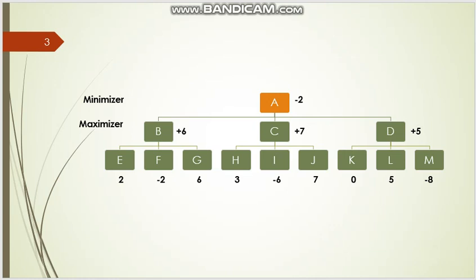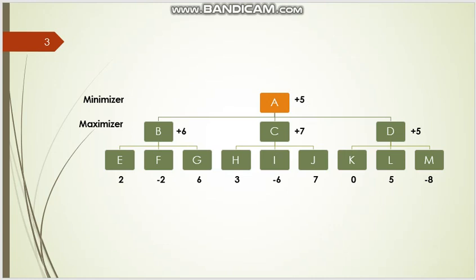So in this case, in the first turn taken by the minimizer, what will be chosen? Obviously the minimum value within this particular level, that is plus 5. So it will be plus 5.